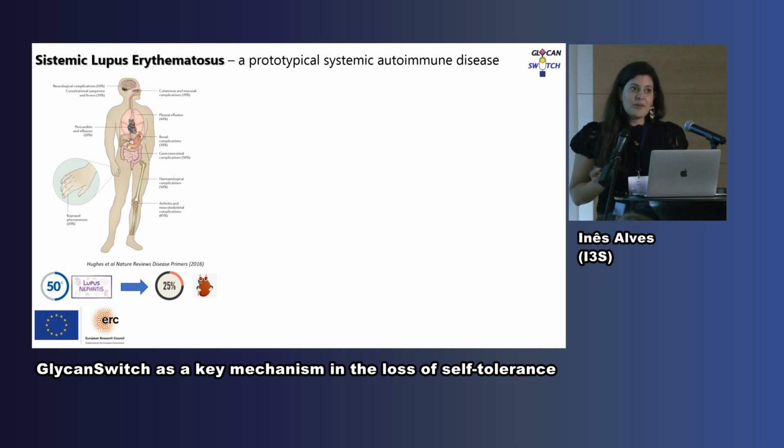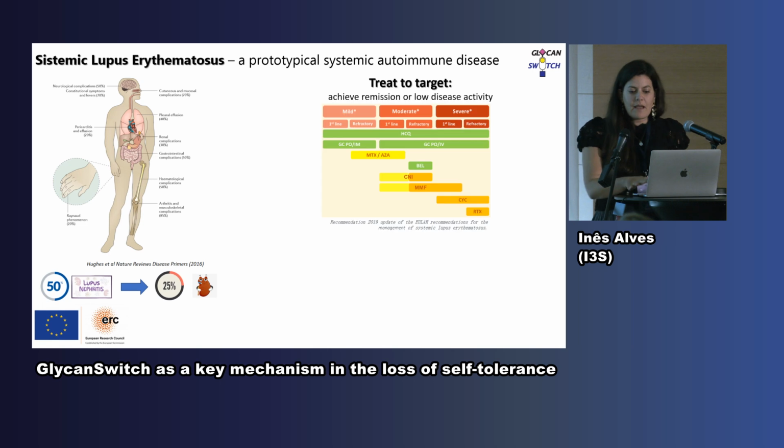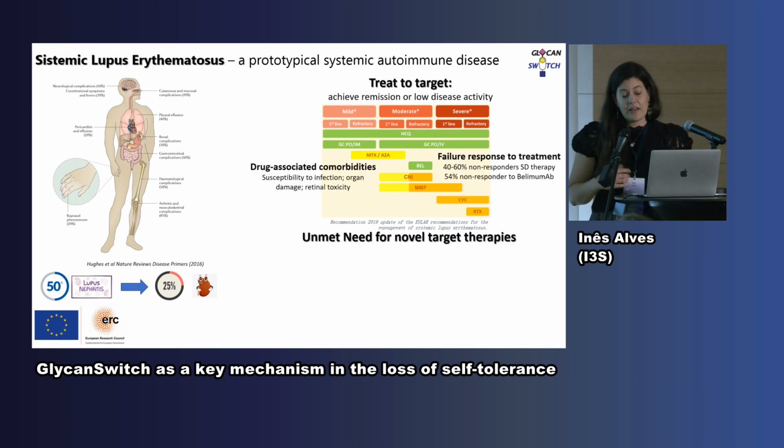So up to now, there are no very nice therapeutic approaches. Actually, the goal for clinicians is treat to target, which means achieve remission or even low disease activity, but the drugs available are still associated with comorbidities and even very low rates of response by the patients.